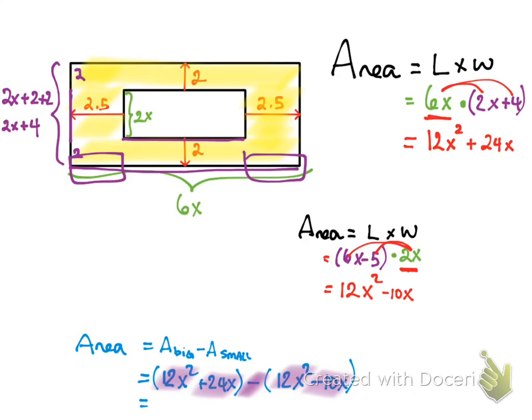So 24x minus 10x is really 24x plus 10x, which gives me 34x. And the area of this shape that I'm looking for ends up being 34x units squared. So if this was in meters, my answer would be in meters squared. But because I didn't write down the units, I'm just telling you it's units squared.